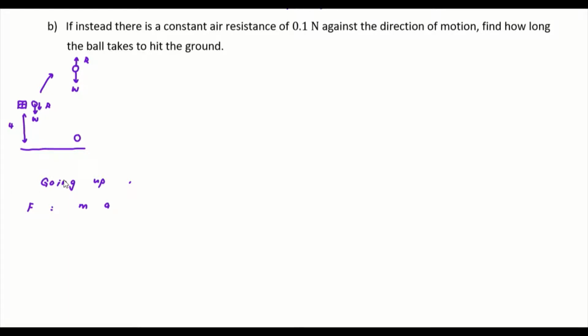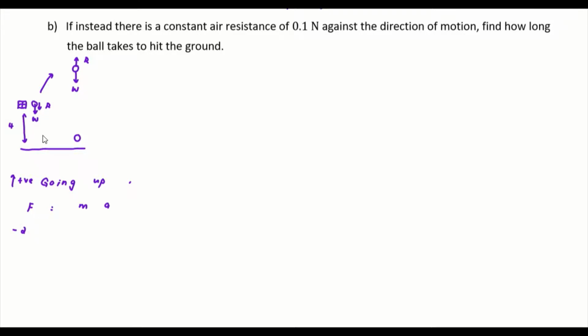Since we are doing different stages, it's easier for us to denote that going up is positive. So our forces must be in that direction as well. The net force going up is positive, which means both weight and resistance will give me a negative force.